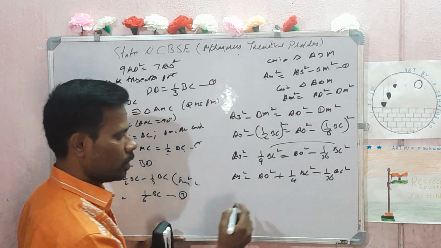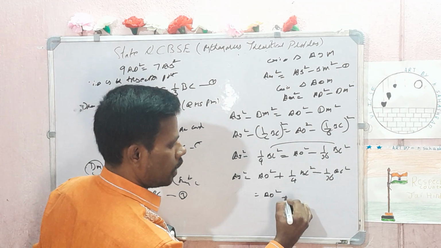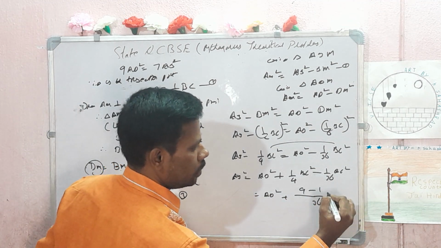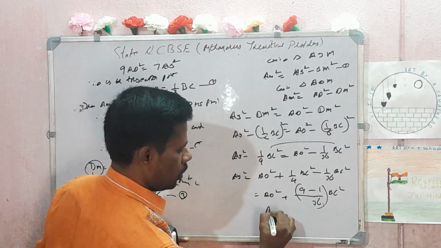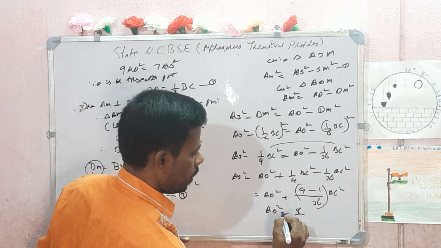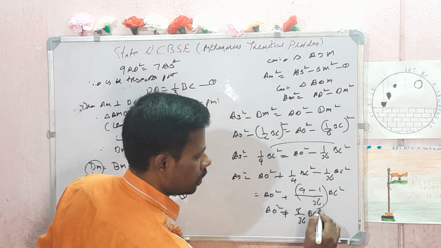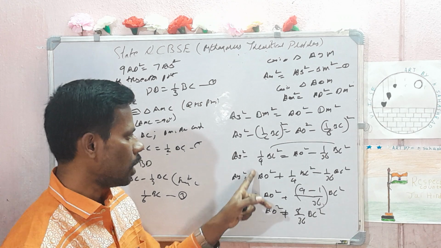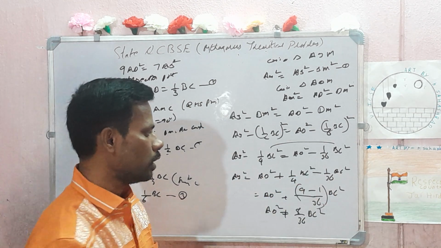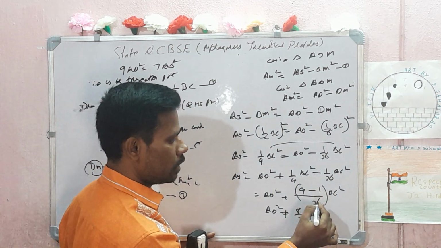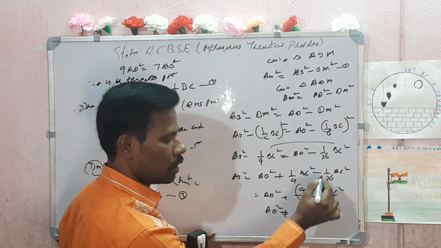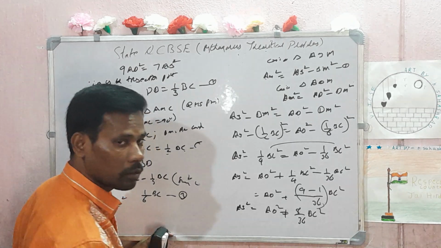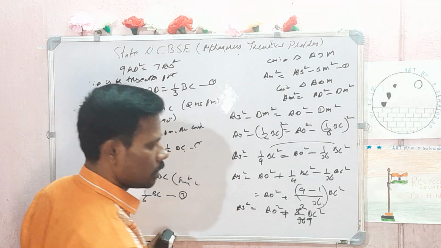Now the LCM is 36: 9 minus 1 is 8/36 BC square. 4 twos are 8, 4 nines are 36.